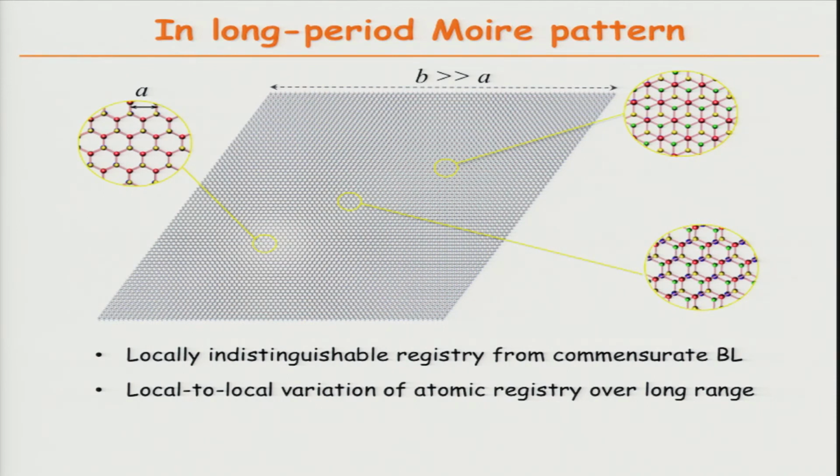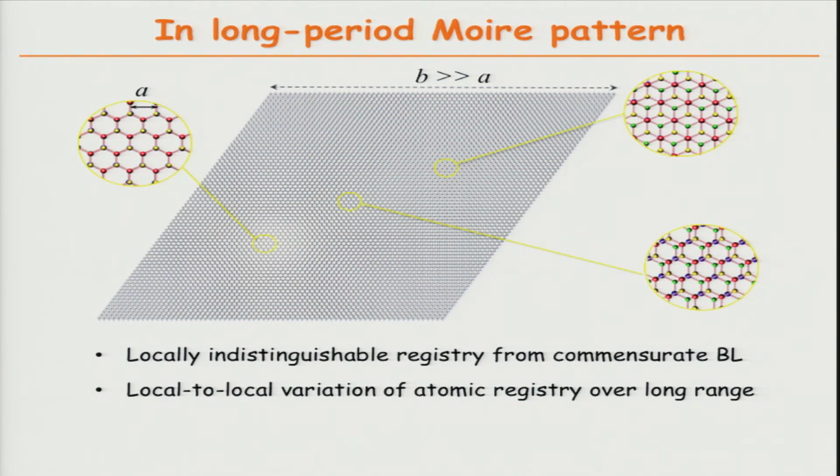But then in the Moiré pattern, as we have previously discussed, you have these local regions. If you zoom in, if the Moiré period is much larger compared to the lattice constant, then in these local regions, you hardly find any difference from a lattice matched bilayer. But over long range, when you go from one local region to the other, you have this change of interlayer stacking from one kind to the other.